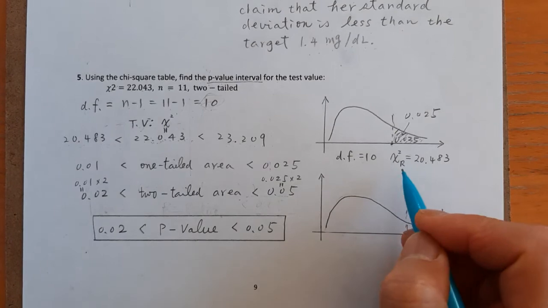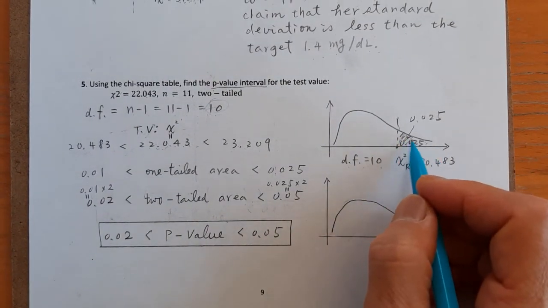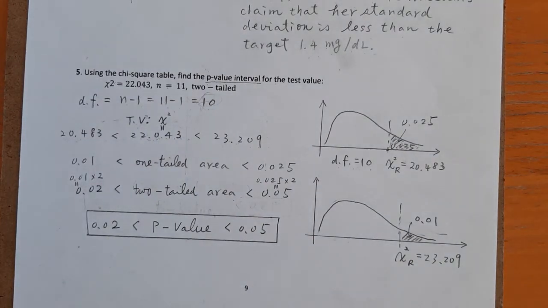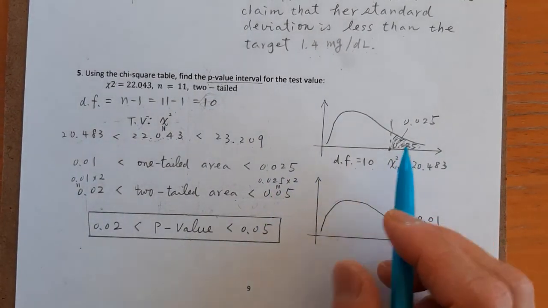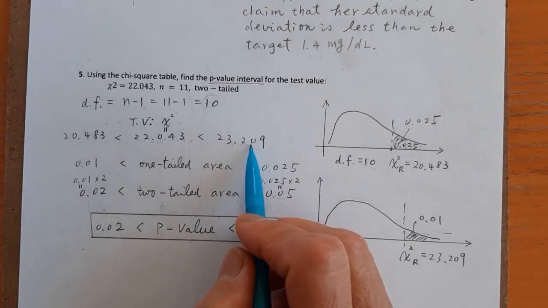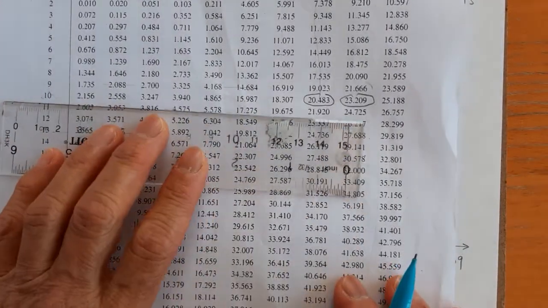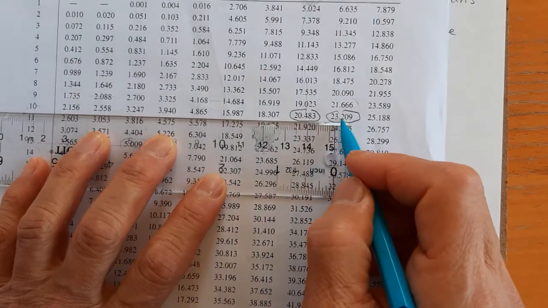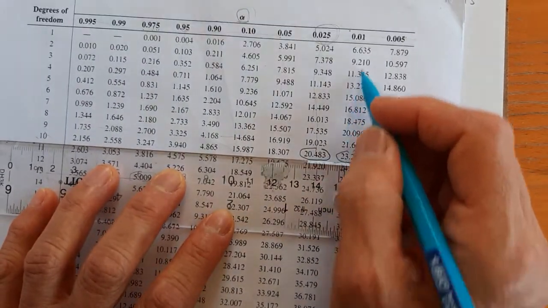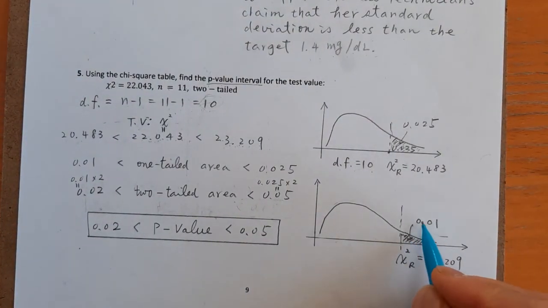For a chi-square equal to 23.209 with degrees of freedom 10, the area to the right is 0.01. So this area is 0.01.